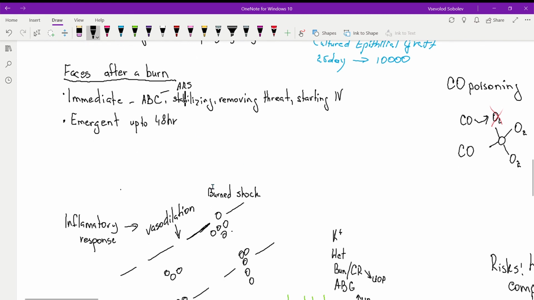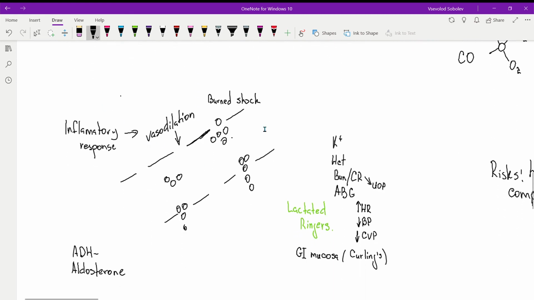Emergent phase is up to 48 hours. That's the phase.